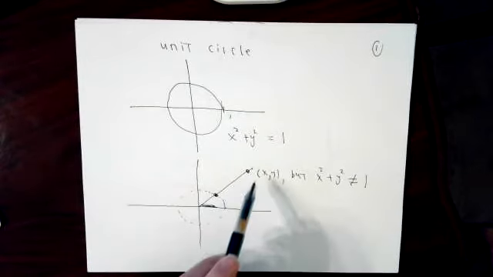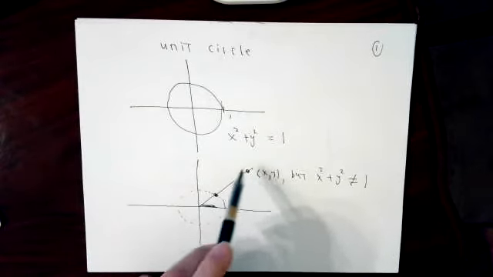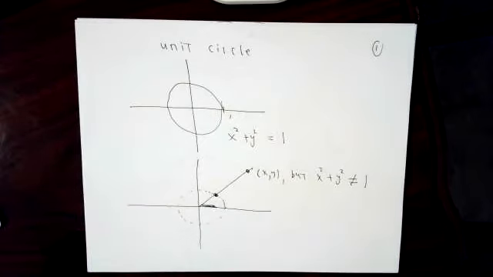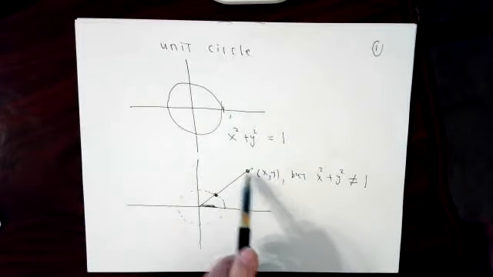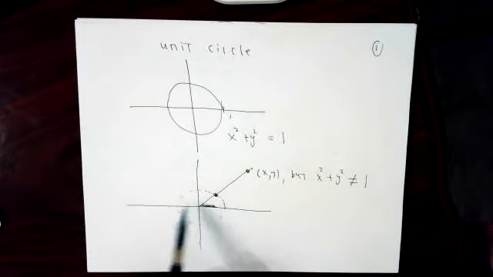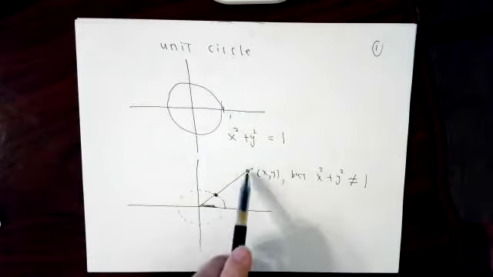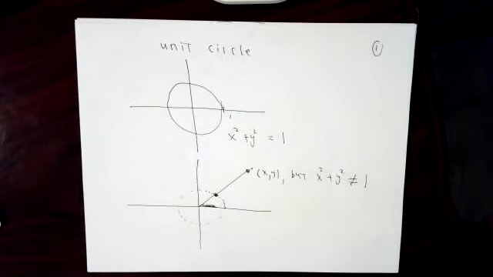If I know a point on that terminal side, it turns out I'm going to be able to calculate the trig functions as usual, but this point is not a point of this circle. So for such a point as this, x squared plus y squared does not equal 1.